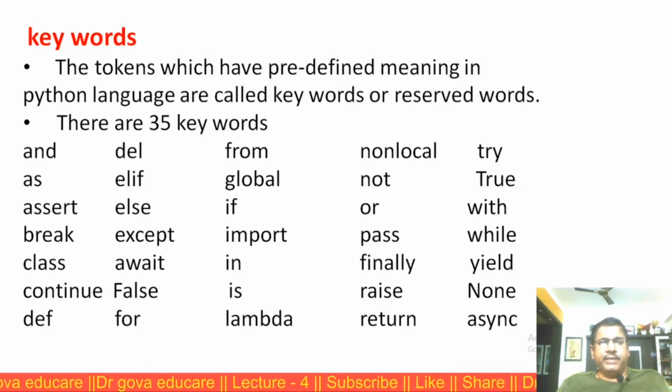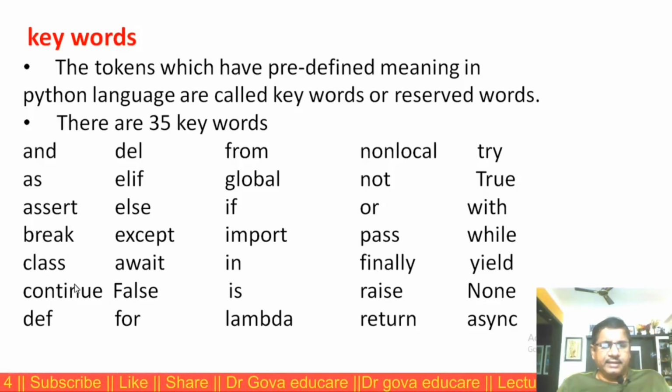There are 35 keywords in Python programming: and, as, assert, break, class, continue, def, del, elif, else, except, await, False, for, from, global, if, import, in, is, lambda, nonlocal, not, or, pass, finally, raise, return, try, True, with, while, yield, None, async.